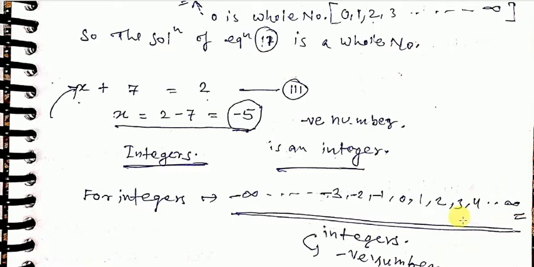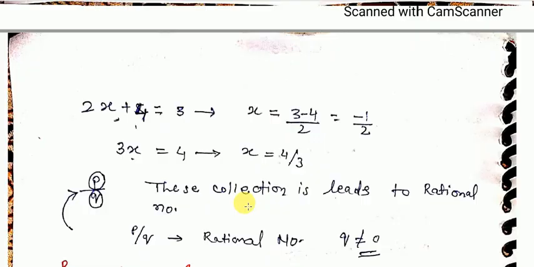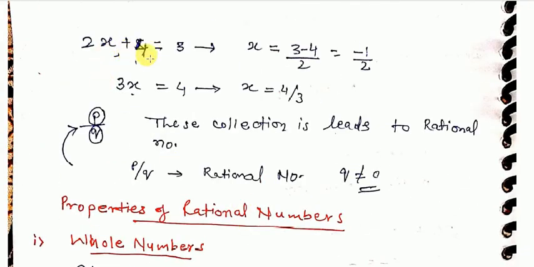As we know, integers vary like minus 3, minus 2, minus 1, 0 and 1, 2, 3, 4 and so on. If we take another equation like 2x plus 4 is equal to 3 and solve this, we will get x is equal to minus 1 by 2. If we recall, any number which can be converted in the form of p by q such that q is not equal to 0 is called a rational number.